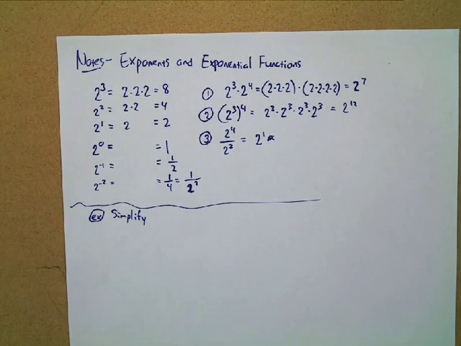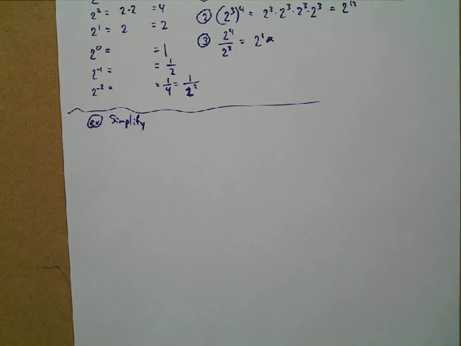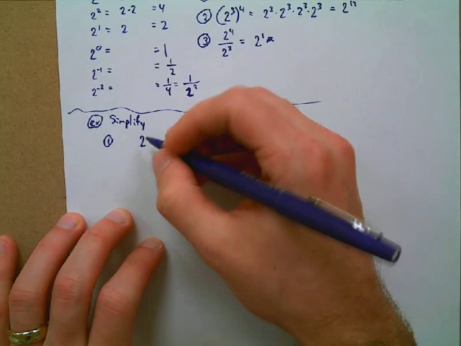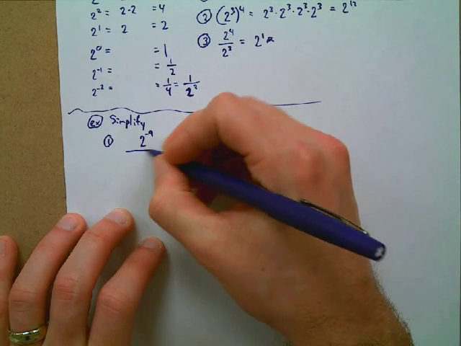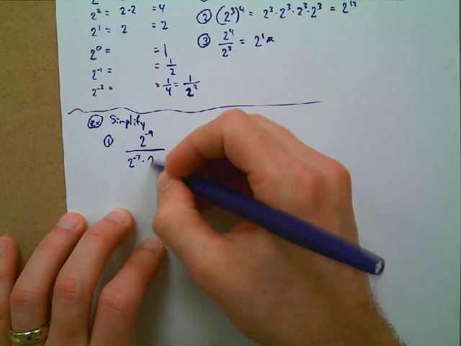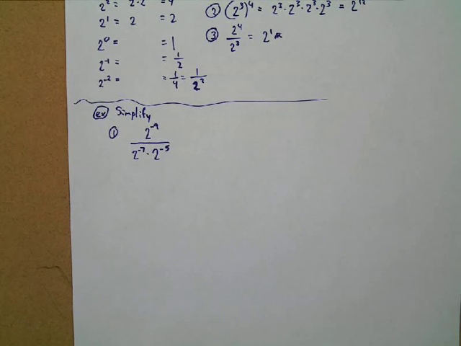So we'll do this one here: 2 to the negative 9th over 2 to the negative 7th times 2 to the negative 5th.